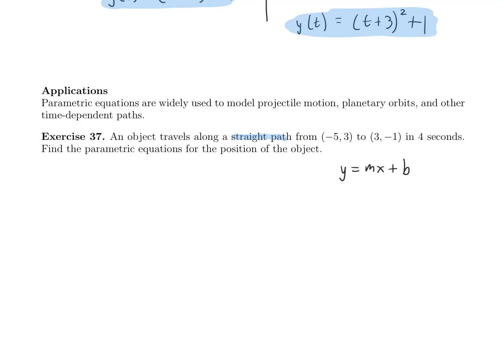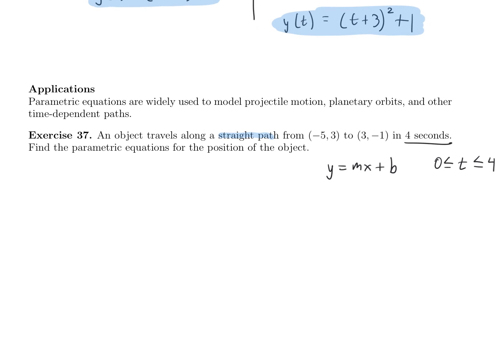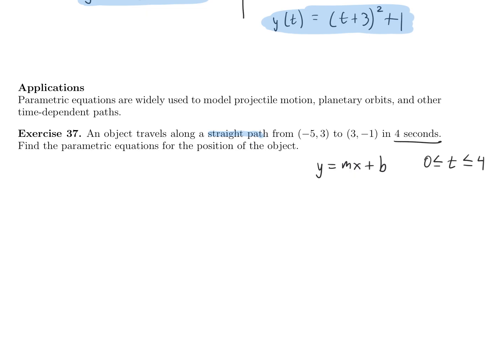All right. And we also know that the range or the domain of t is going to be between 0 and 4 seconds, because that's what they say here, in 4 seconds. So first things first, let's find the slope of the line that crosses those 2 points. So here's the slope formula. m is equal to y2 minus y1 over x2 minus x1.